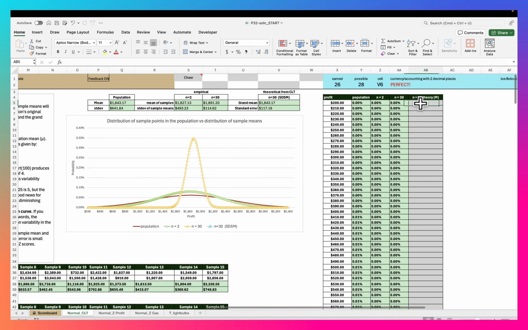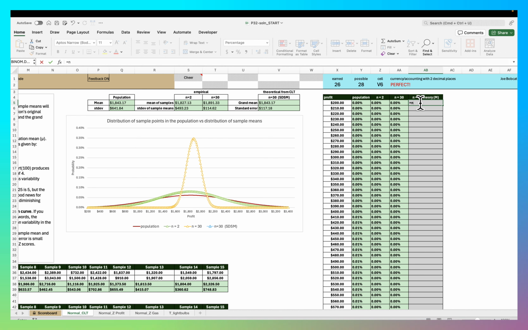So now let's plot that theory line. NORM.DIST, x, mean, standard deviation, or standard error in this case, and FALSE. Copy that down.